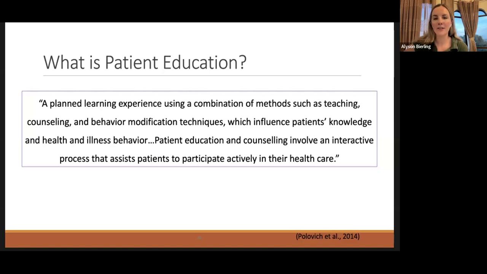Patient education and counseling involve an interactive process that assists patients to participate actively in their care. So it encompasses a lot of different things and is a really important consideration when we are treating patients with cancer.